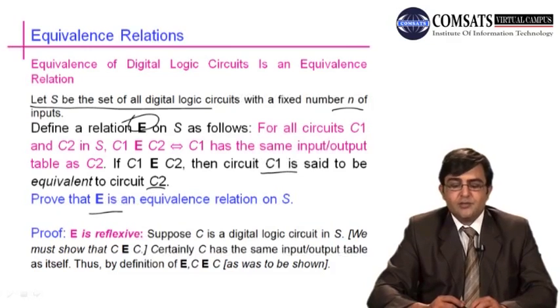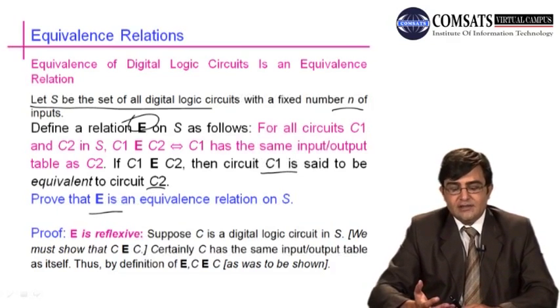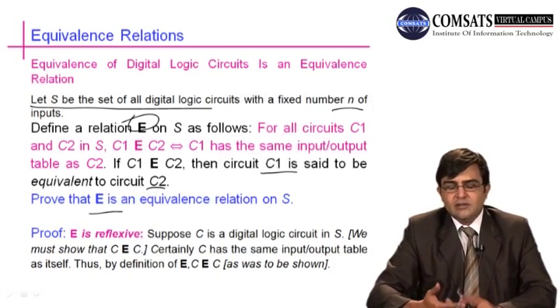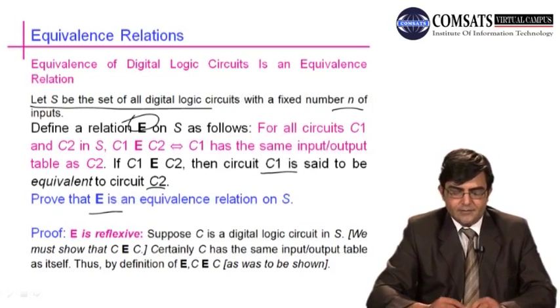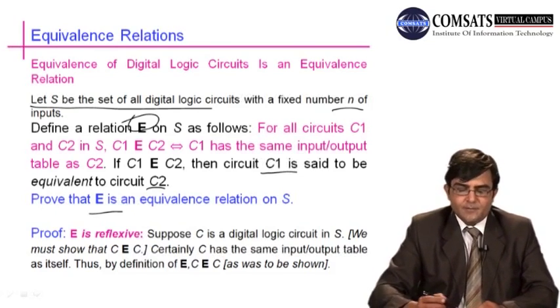Now we are going to prove that E is an equivalence relation. We have to check three properties of this relation: whether E is reflexive, whether E is symmetric, and whether E is transitive. First, E is reflexive.